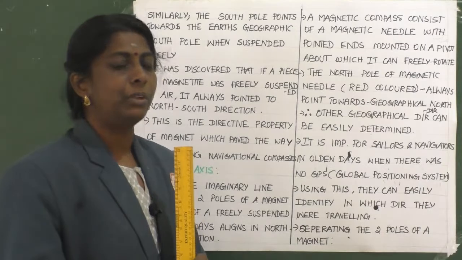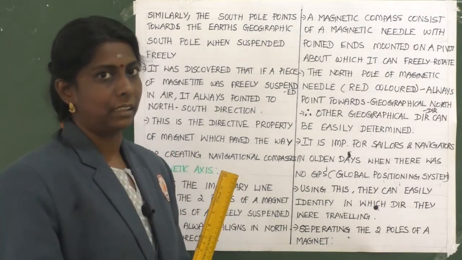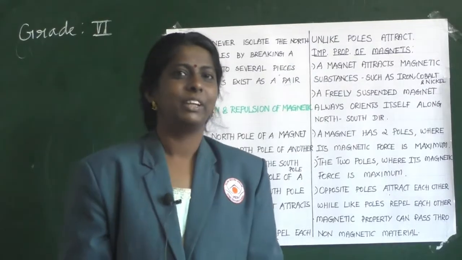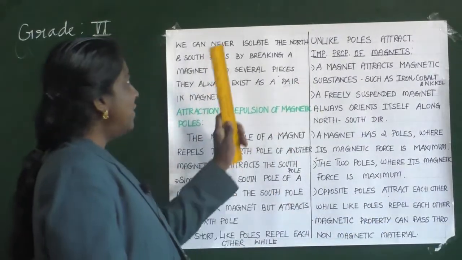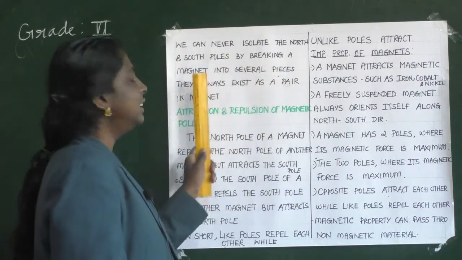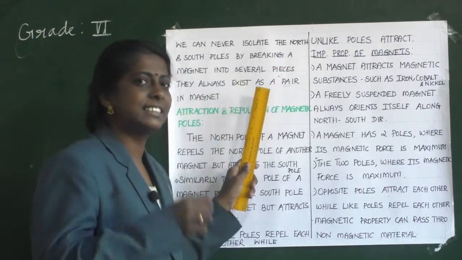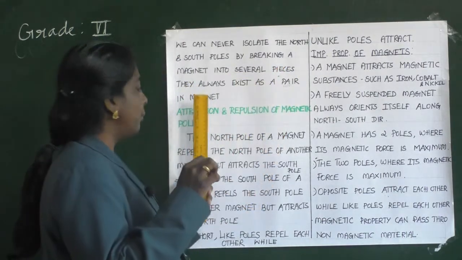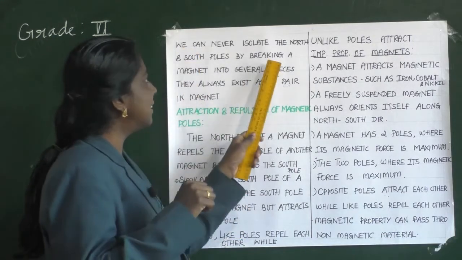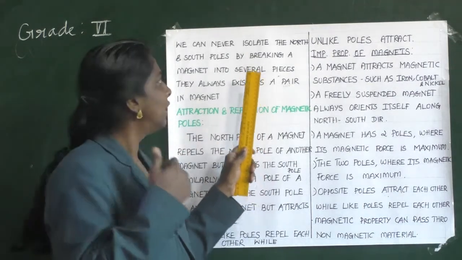Now, let us learn about the next topic, that is separating the two poles of a magnet. Children, we can never isolate the north and south poles by breaking a magnet into several pieces. They always exist as a pair in magnets. I repeat, we can never isolate the north and south poles separately.